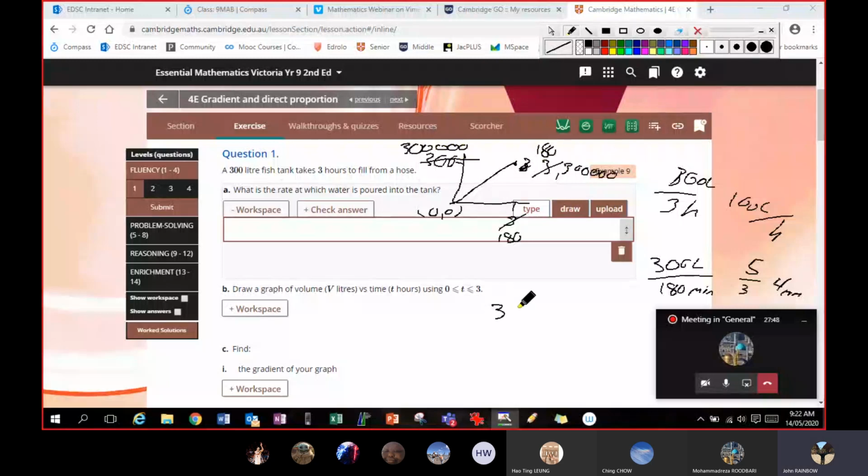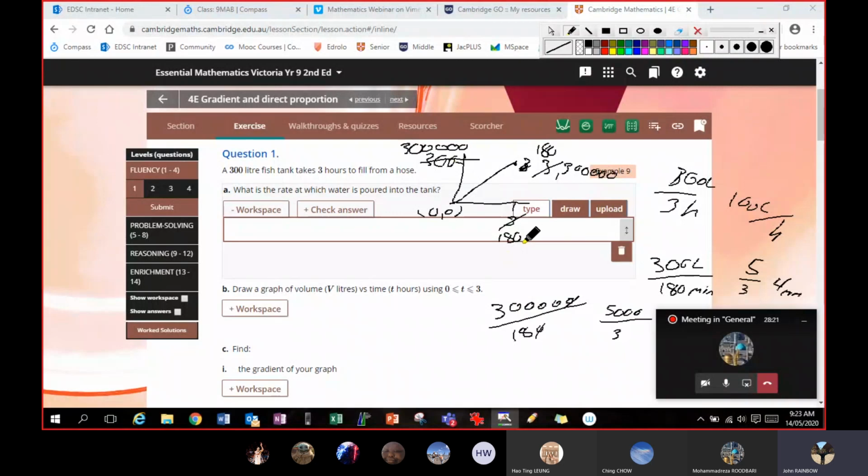So it's going to be 300,000 over 180, which is 5,000 thirds millilitres per minute, approximately 1,667 millilitres per minute.